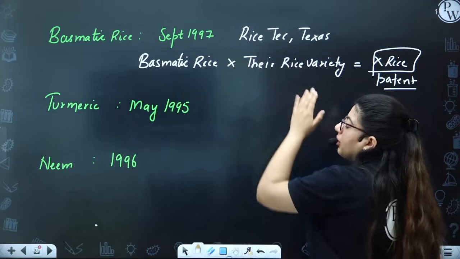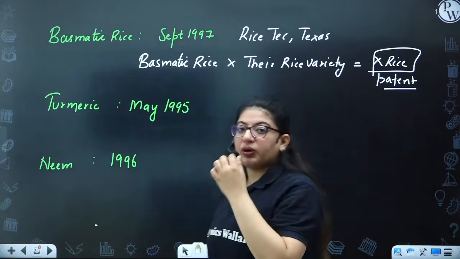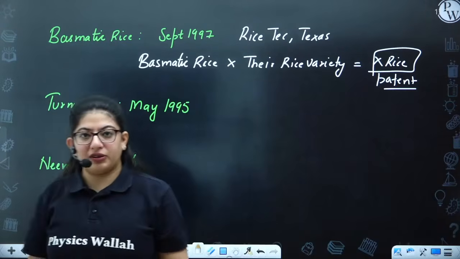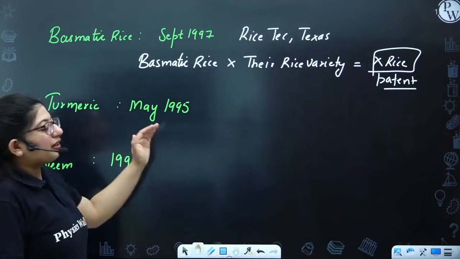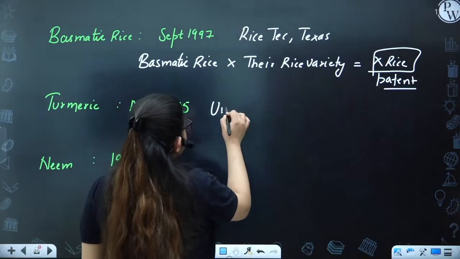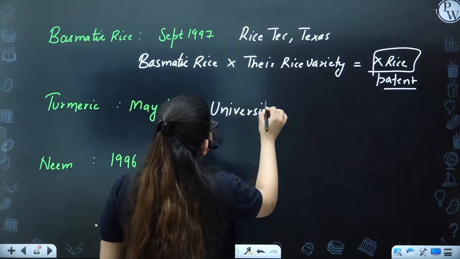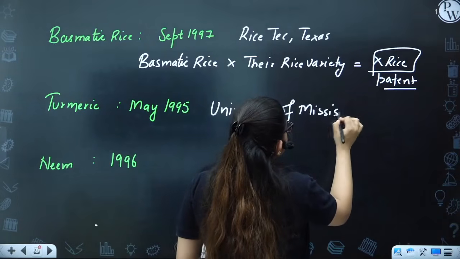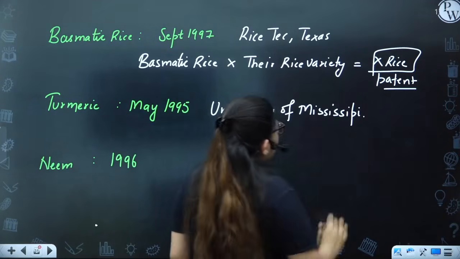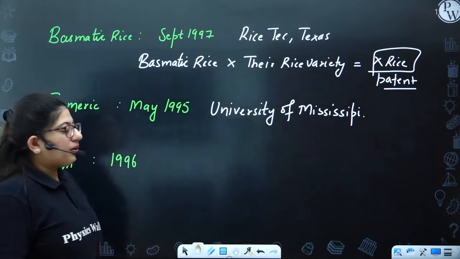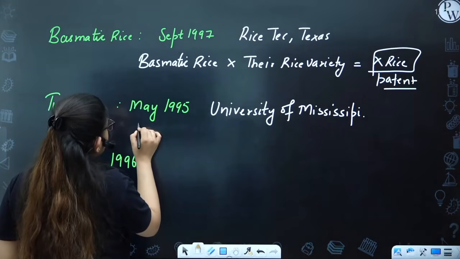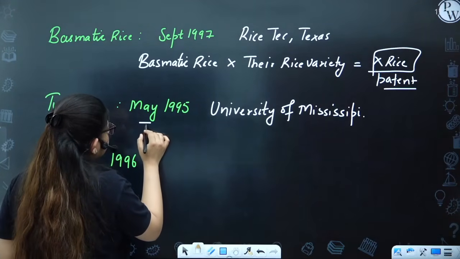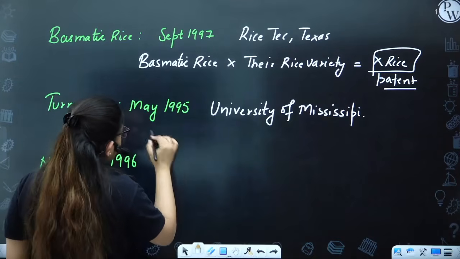So we took this issue to the World Trade Organization, and then some of the rights were taken back. Again in May 1995, the University of Mississippi published a paper about the wound healing properties of turmeric.